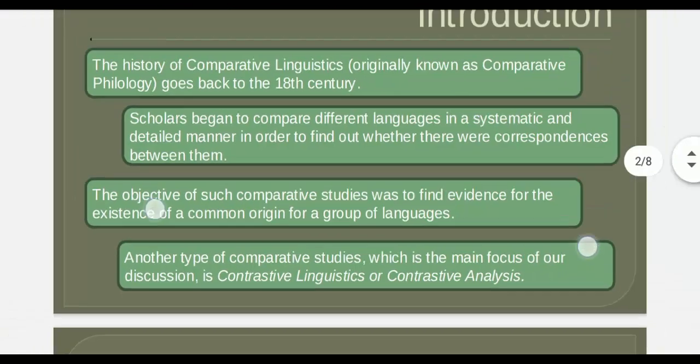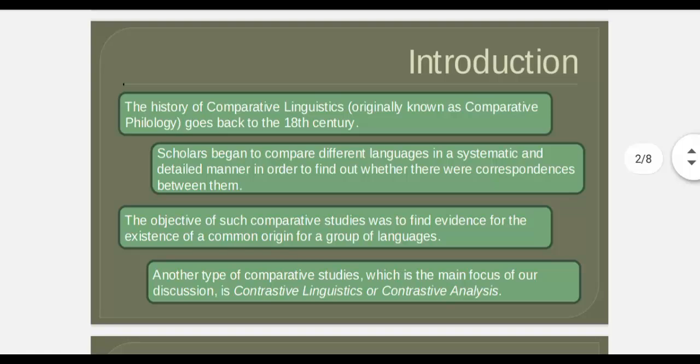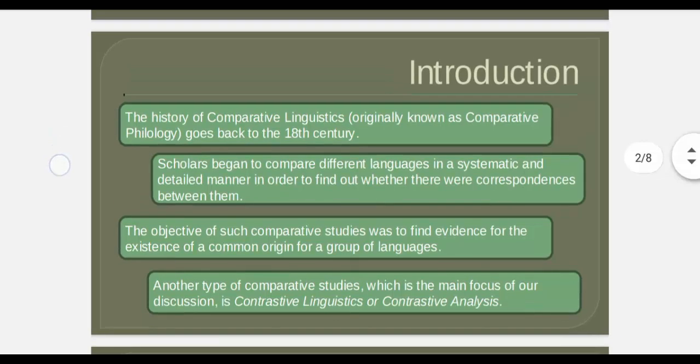So, comparative linguistics, originally known as comparative philology, is a study where scholars compare several languages to determine the relationship between them.